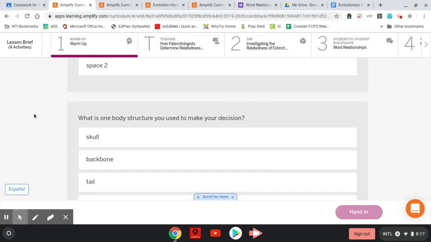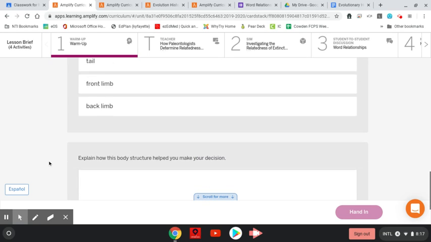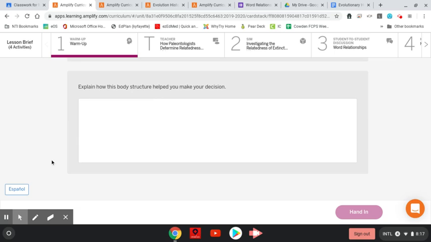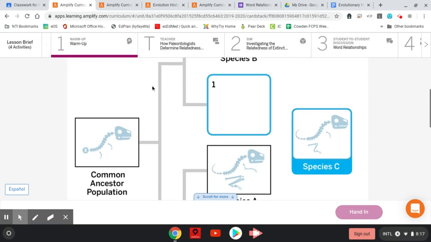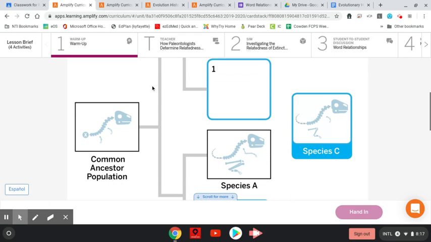I'm going to go ahead and give you a hint here. Only one body structure is going to be selected, and it's going to be the one that one of the species does not have. So the next question is, explain how this body structure helped you make your decision. So one of those pictures up here does not have the same body structures as the other ones.